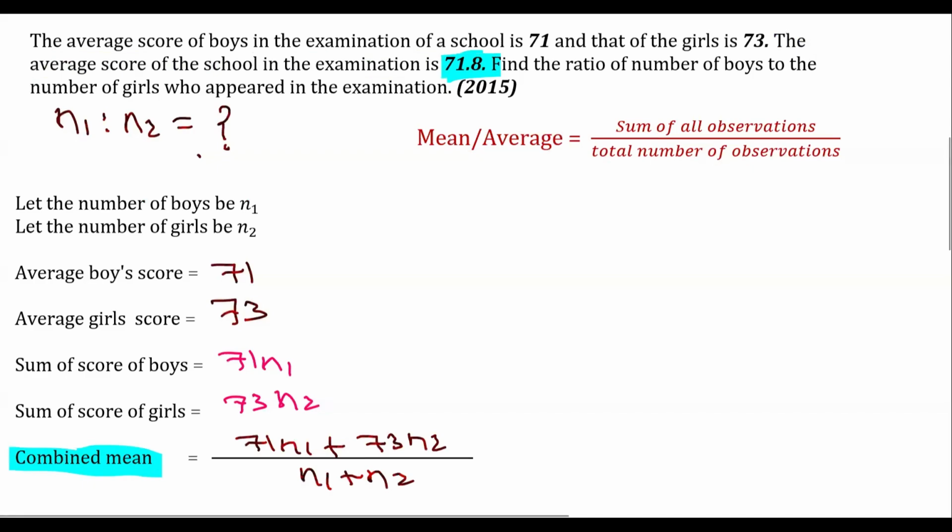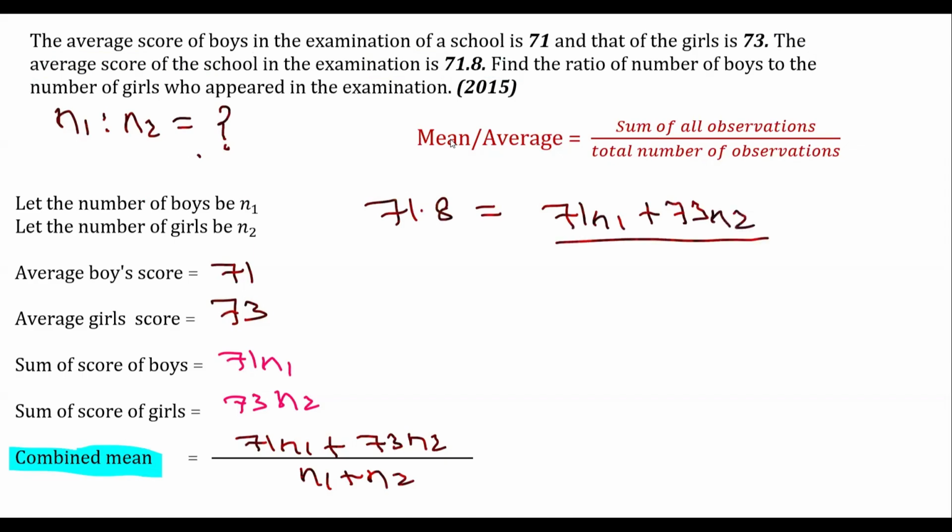So 71.8 is equal to 71 n1 plus 73 n2 over n1 plus n2.